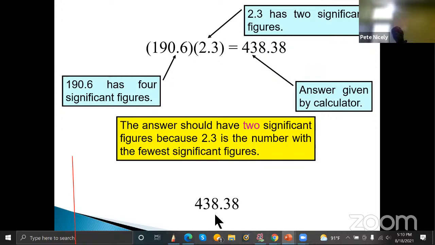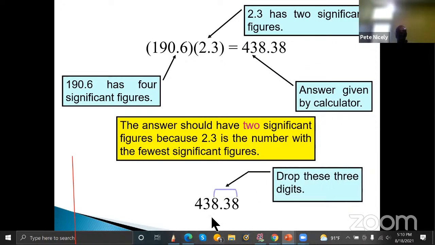So the 433.38 would have to be rounded off to this extent, where you have the 4 and 3 retained, but you have to drop the 8, the 3, and the 8. And because the 8 here is 5 or greater, the 3 increases by 1 to 4.